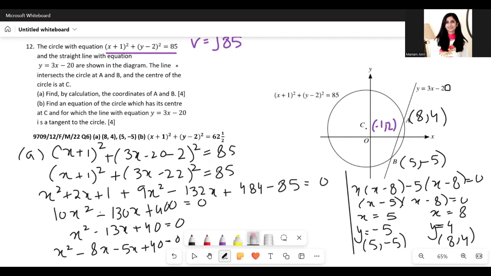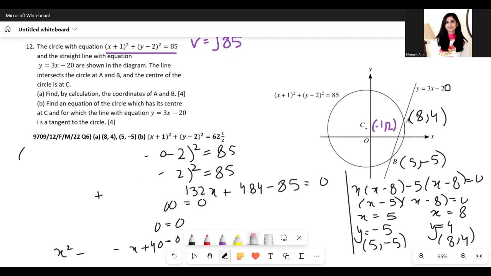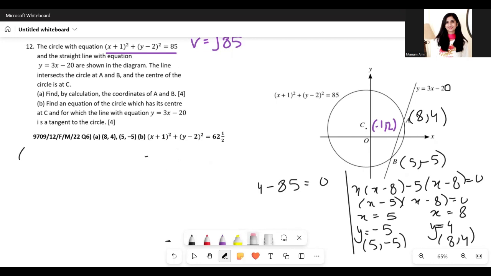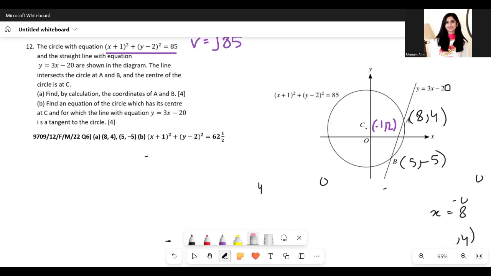Okay. Part B says: find an equation of the circle which has its center at C and for which the line y equals 3x minus 20 is a tangent. So now what they're asking us to do is find the equation of another circle. Let me zoom in over here.